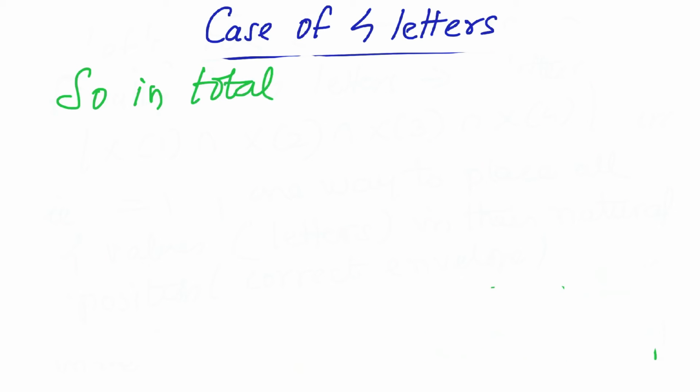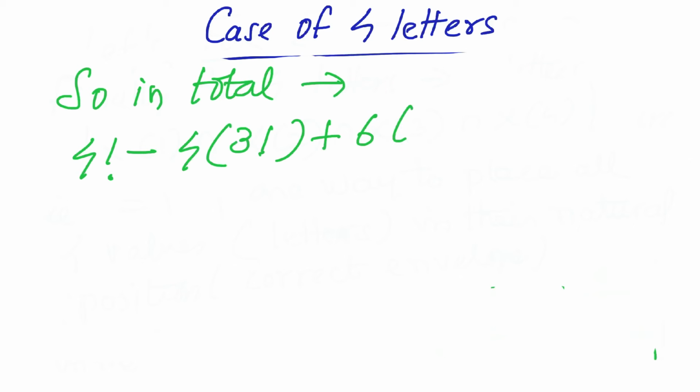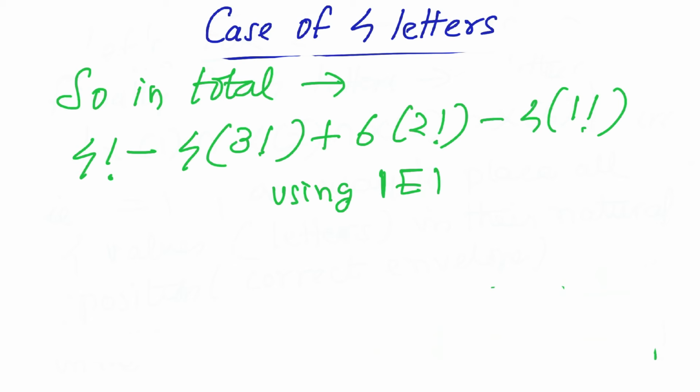So to sum up, the calculation is 4 factorial minus 4 times 3 factorial plus 6 times 2 factorial minus 4 times 1 factorial plus 1. So we'll be getting 9. Here we have used the inclusion-exclusion principle.